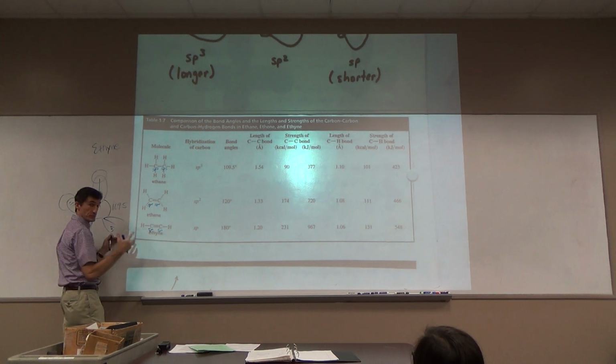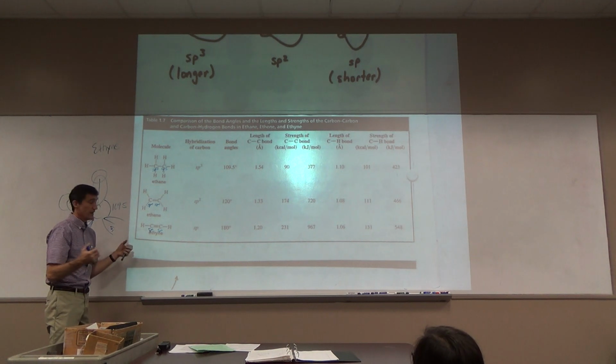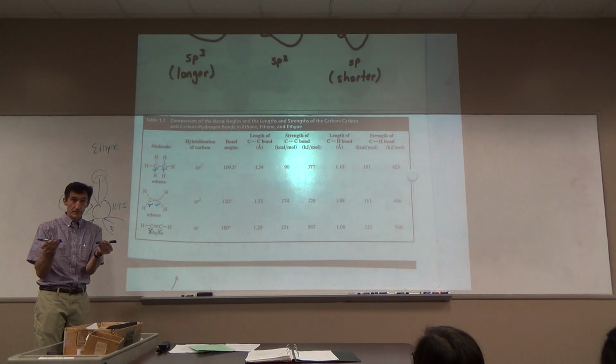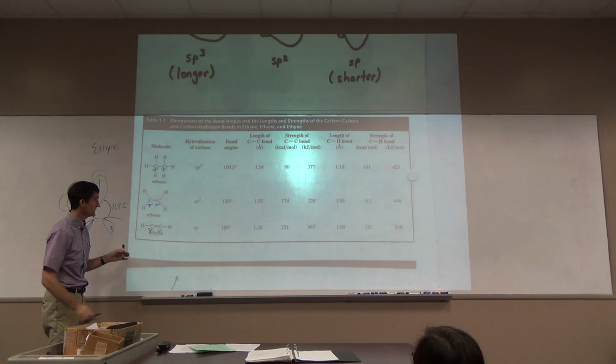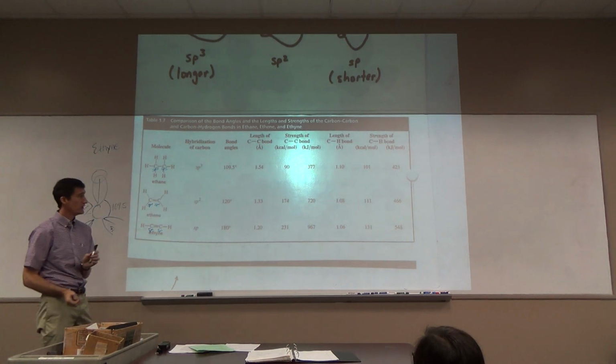This sigma bond, which rules the outcome, if the orbitals are shorter, then the nuclei have to come closer together to bond. If the orbitals are longer, then they can bond without coming so close together. So hopefully this trend makes sense because you're using shorter hybrids to make the carbon-carbon bond.